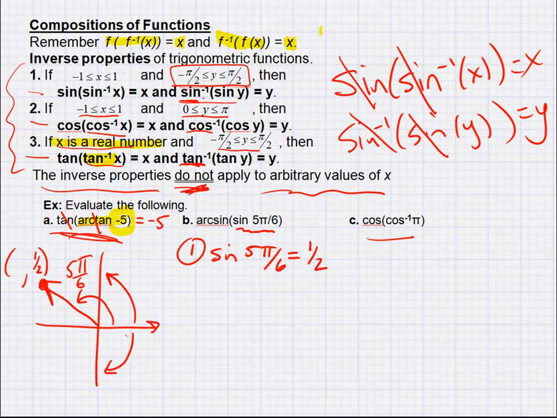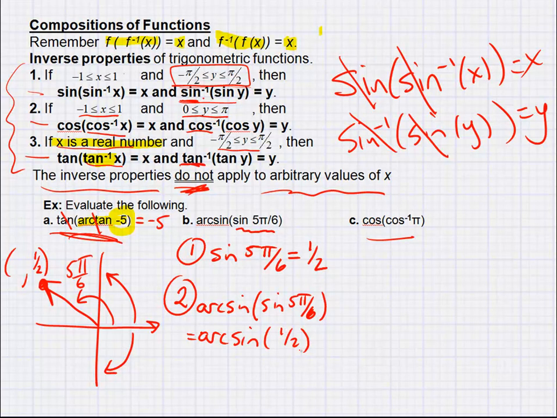Okay. Now, the second thing I'm going to do is find the arc sine of the sine of 5 pi 6. Well, the sine of 5 pi 6 is a half. So really the arc sine of a half. Well, how am I going to do that? Do it like we've been doing previously. I got to ask myself the sine of what angle gives me a half.